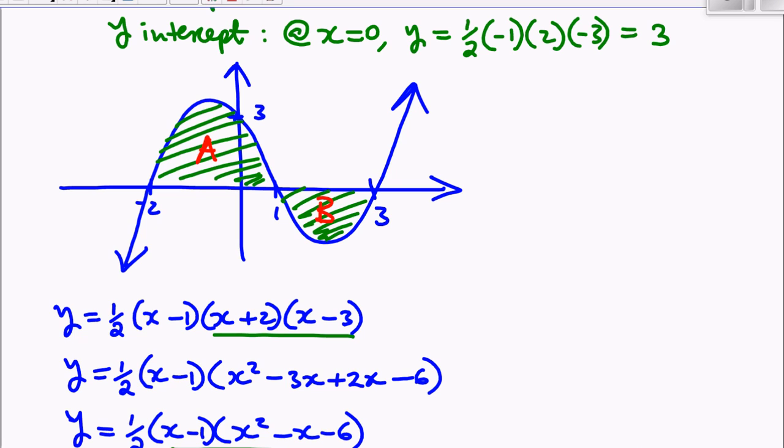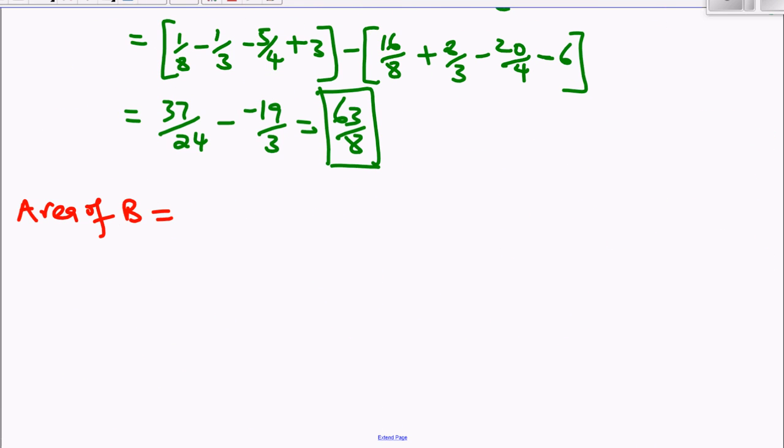So keep that in mind. We'll have to find the absolute value of that or multiply that by a negative to end up with a positive answer. Anyway, let's carry on.